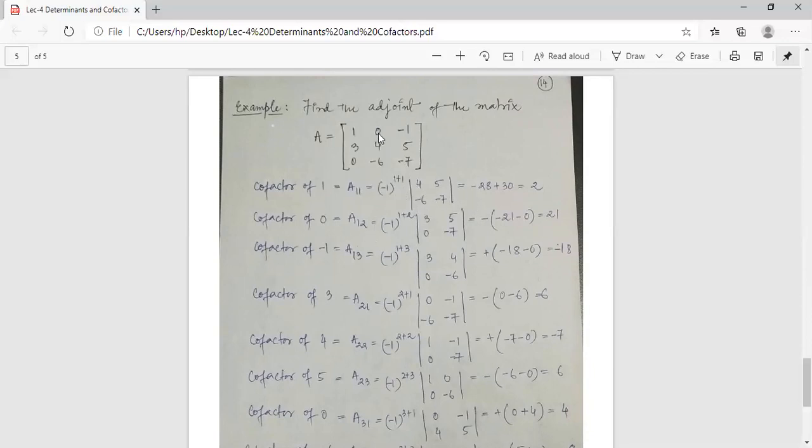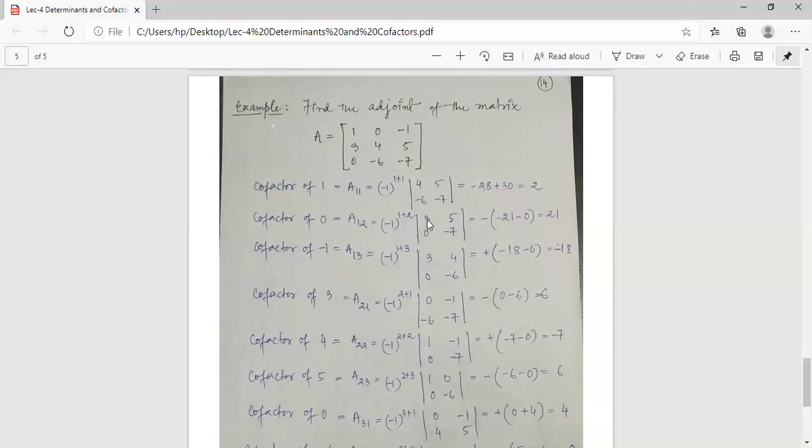The cofactor of 0: now identify its location, it is a12, so its sign will be -1 to the power i plus j, that is 1 plus 2. This is odd, so it will have a negative sign.